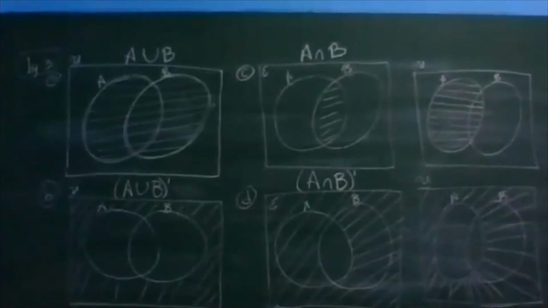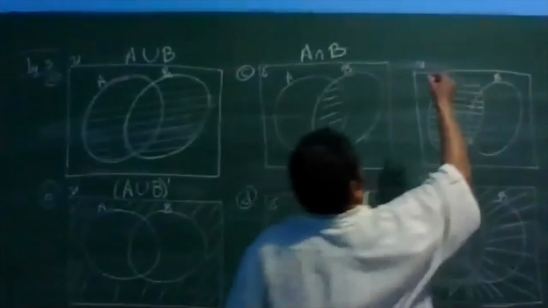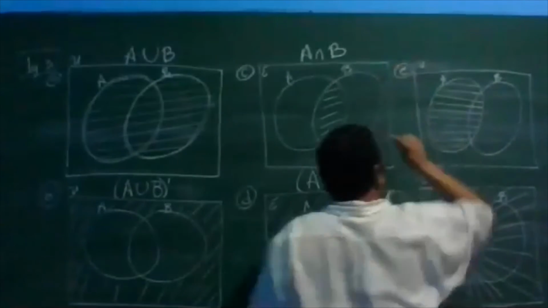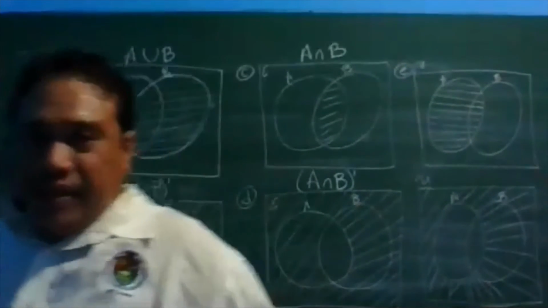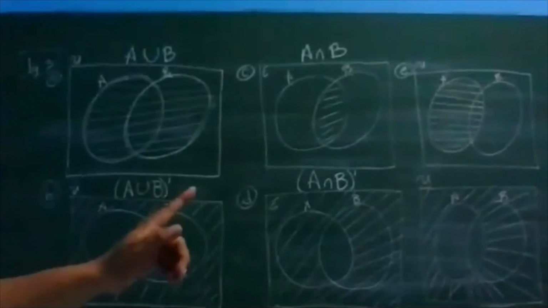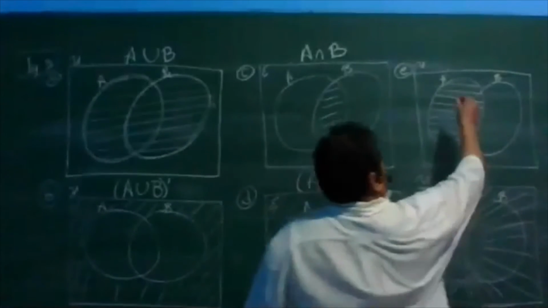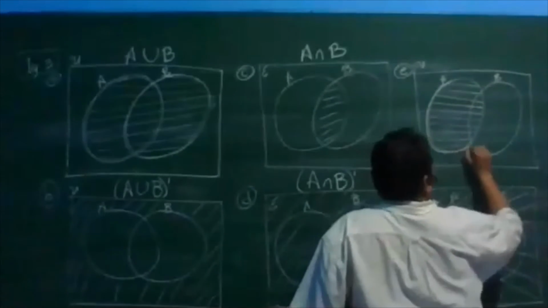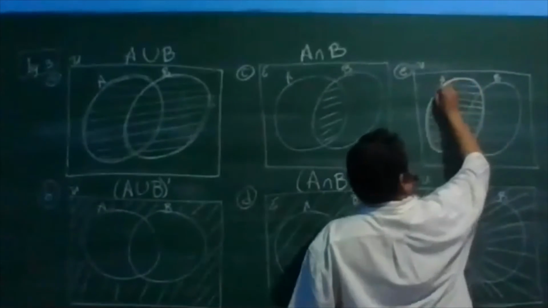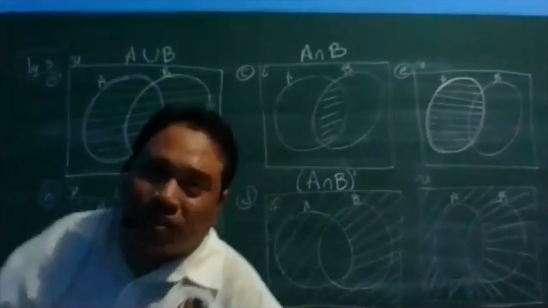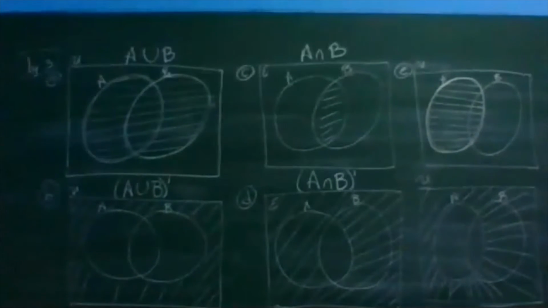Let's look at E. In E, the only thing shaded is the circle A. So everything within circle A is shaded.